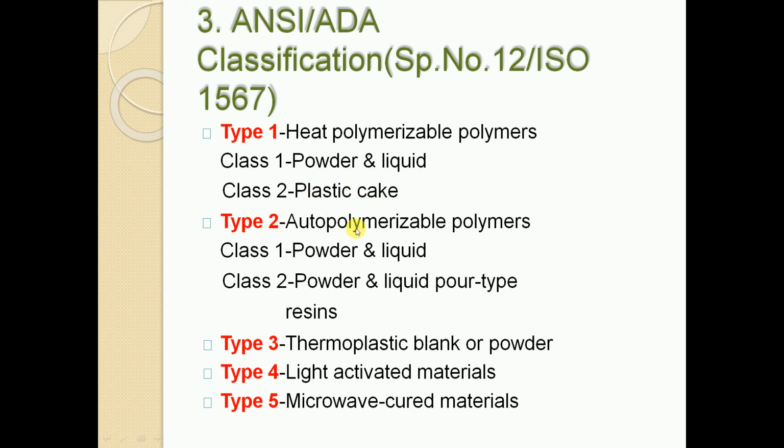Type 2 is auto-polymerizable polymers having class 1 and class 2. In class 1 you have powder and liquid, but there is a change in class 2: powder and liquid pour type resins. In type 3 you have a thermoplastic blank or powder. Type 4 are light activated materials, and type 5 are microwave cured materials.